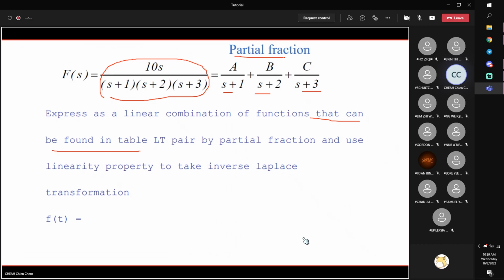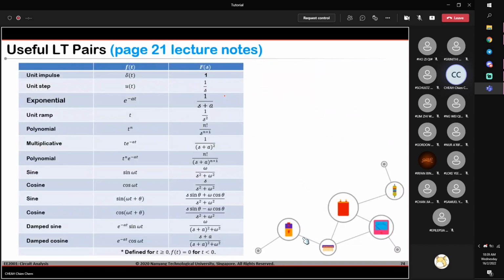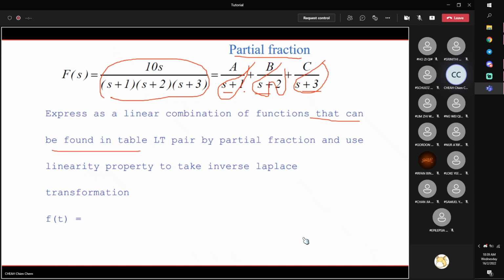For example, by partial fractions, I can put this into a linear combination of 3 terms, with different a: a equal to 1, a equal to 2, a equal to 3. Then I can take inverse Laplace transformations to get the solution.